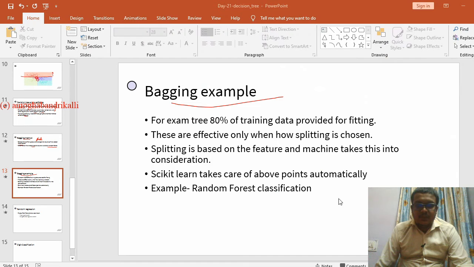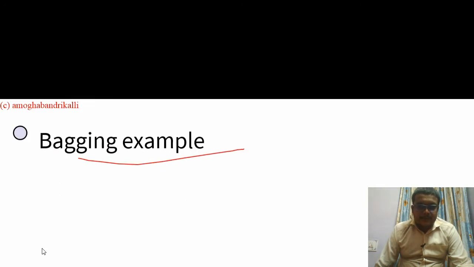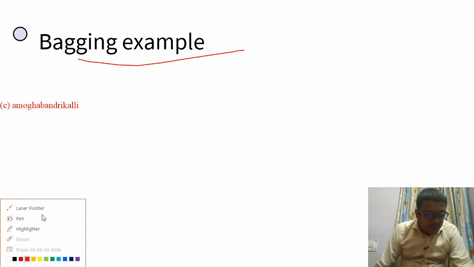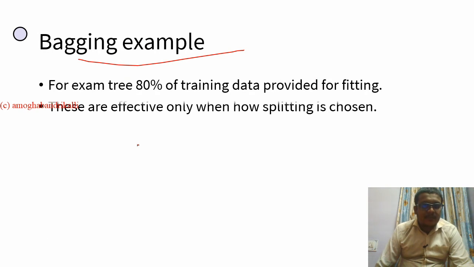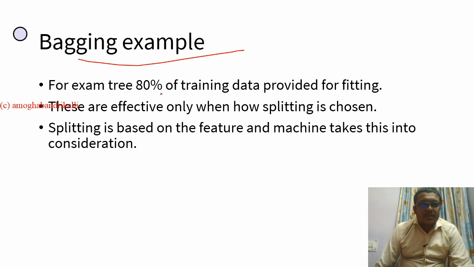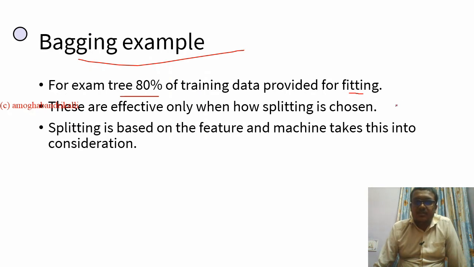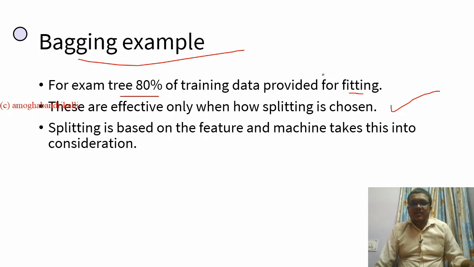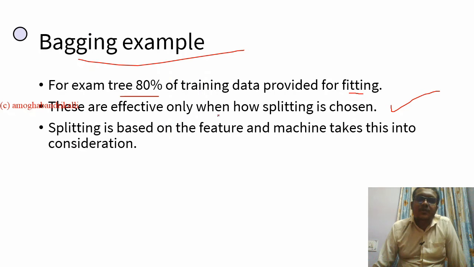We are going to see what exactly the random forest is doing. For example, a tree with 80% of training data has been provided for fitting. This is what I've been talking about. The effectiveness depends on how the splitting is chosen, and this provides effective results based on how the splitting happens.